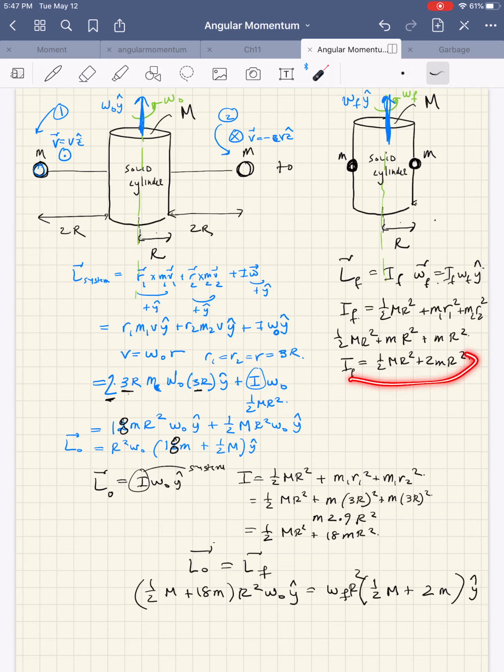So I've just plugged in the final angular momentum. I pulled out the r squared multiplied by omega final.